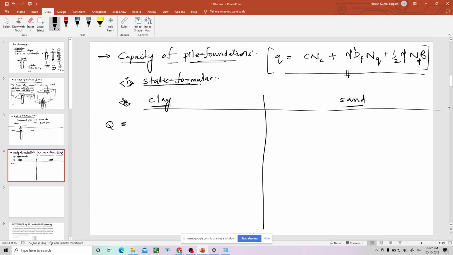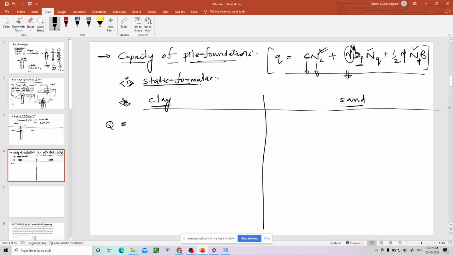Generally in shallow foundations we see this equation. C is cohesion, and Nc, Nq and N gamma, these three, are bearing capacity factors. Gamma dash is the unit weight of soil. Df is the depth of foundation, from the ground level to the bottom of the foundation.